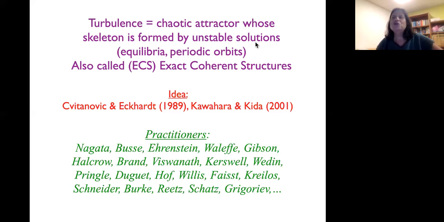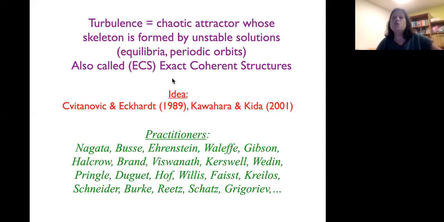Not content to use already existing nomenclature, they gave it a new name just to confuse things. They called it exact coherent structures, and I believe this name comes from Waleffe. And this idea, Predrag, you'll correct me if I'm wrong, comes from Cvitanović and Eckhardt and Kawahara and Kida around 1989 and 2001. And it's been practiced a lot.